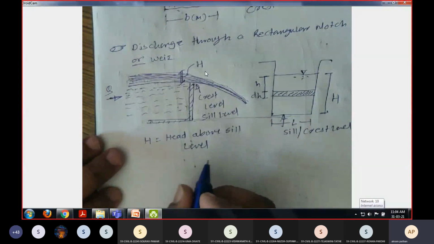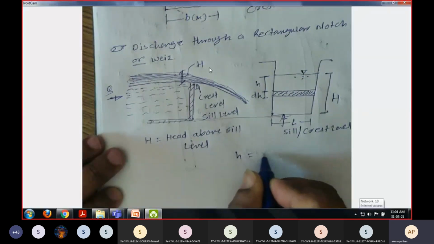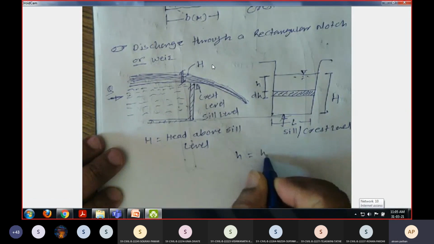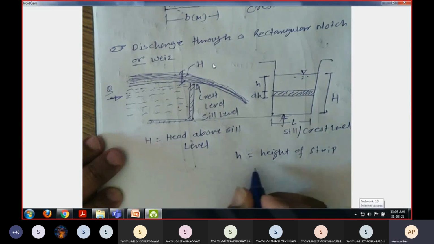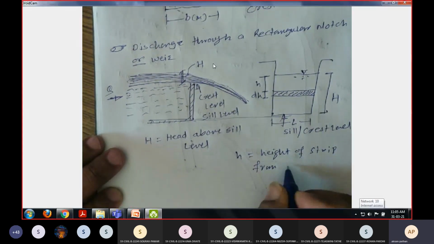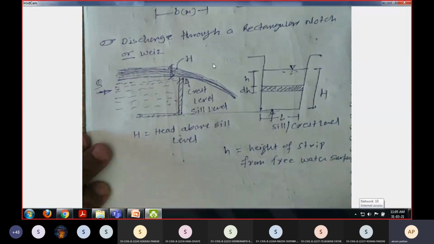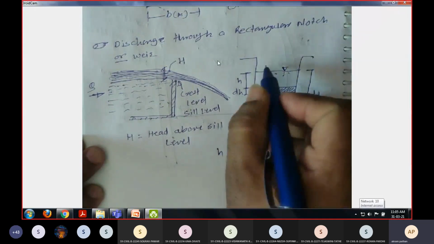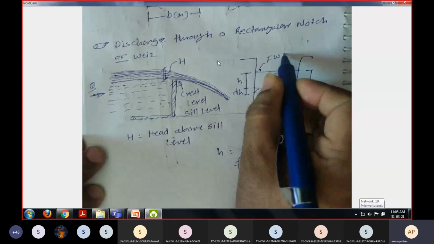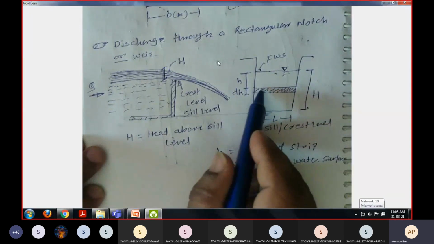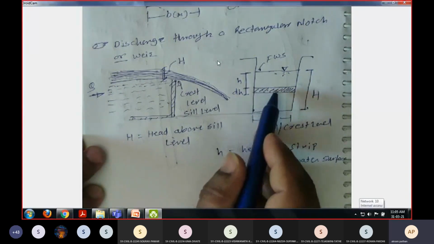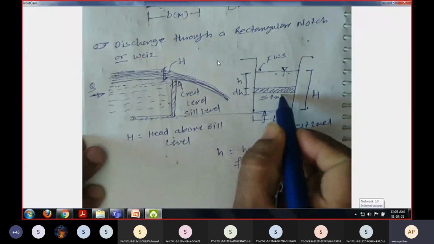So what is this h, small h? h is the height of strip from free water surface, okay. फ्री वॉटर सरफेस म्हणजे हा फ्री वॉटर सरफेस आहे, this is free water surface. तिथून आपण एक स्ट्रीप कन्सिडर केली, ही कन्सिडर स्ट्रीप आहे, ओके.